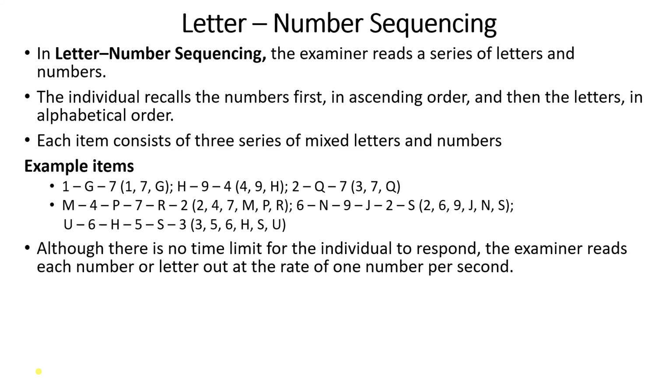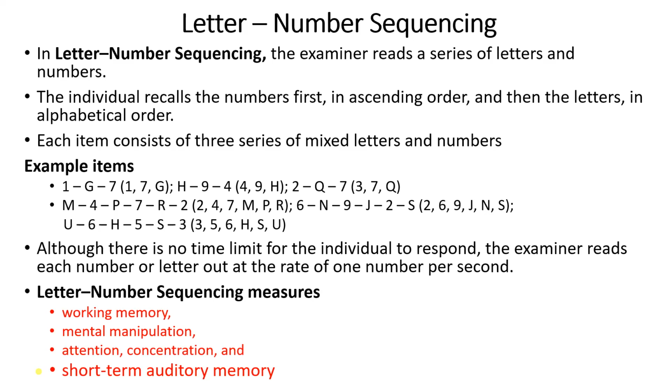Again, there is no time limit, but as in digit span, here the examiners read each number at the rate of one number or one alphabet per second, and this measures the working memory, mental manipulation, attention, concentration, and short-term auditory memory, because the alphabets or the numbers are spoken orally.